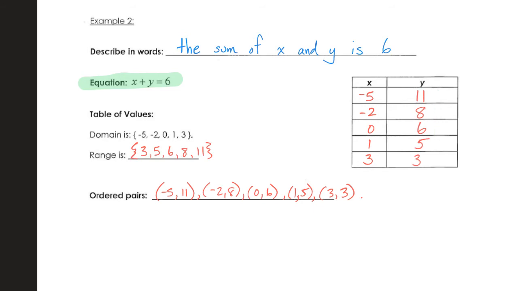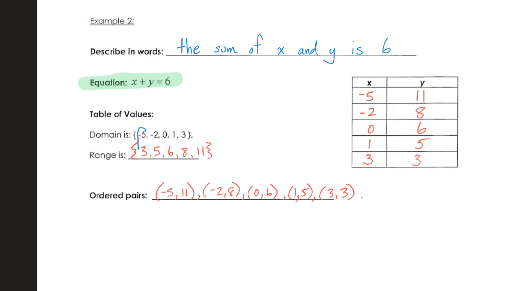Okay, but what do we now have to pay attention to? Some people might put an idea in their head, and that idea was incorrect: that you could read your ordered pairs from your domain and your range. I want you to notice, you can't.